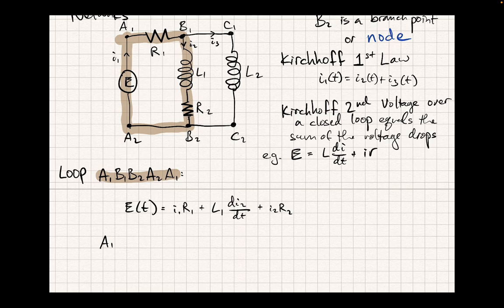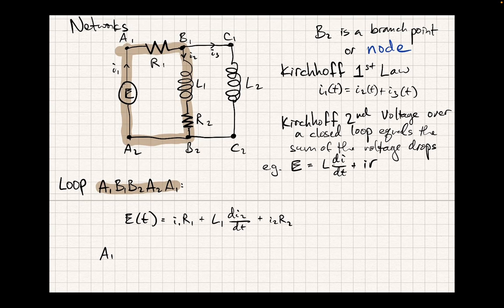Over any closed loop, the voltage impressed equals the sum of the voltage drops of all the other things that we have. Is that independent of the second one? Oh, yeah, these are true at the same time. So if we consider the greater circuit, that voltage drop would be greater though.